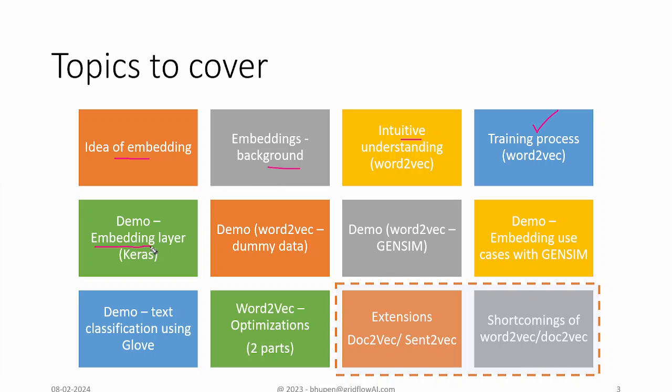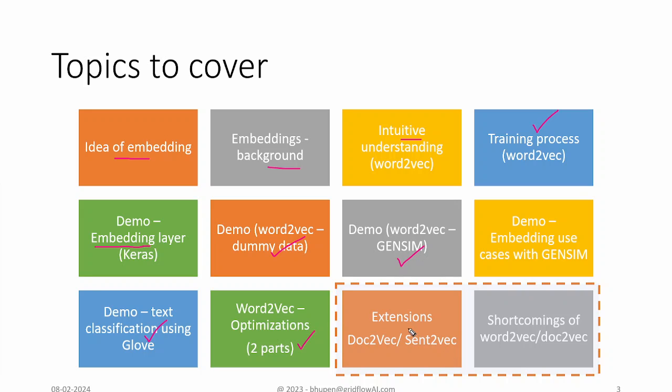We also saw what an embedding layer is, and how we use it in Keras and TensorFlow. With some dummy data, we generated word2vecs and some example use cases with Gensim. And we also saw a text classification example using Gensim. Optimization, a very important topic: hierarchical softmax and negative sampling. These were the two methods that we covered as part of the optimization video.